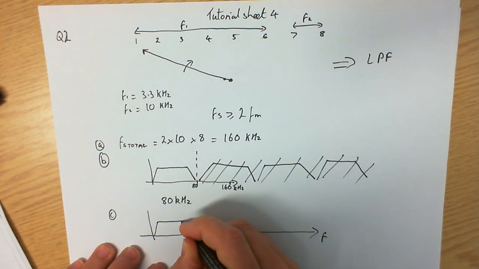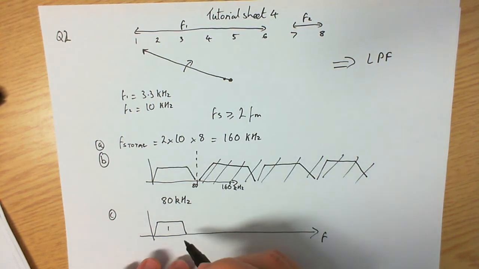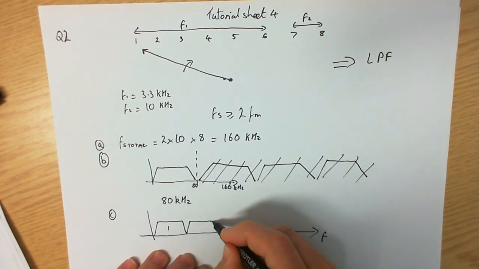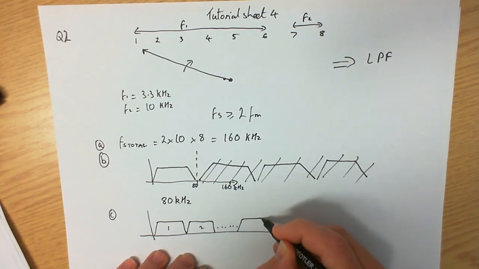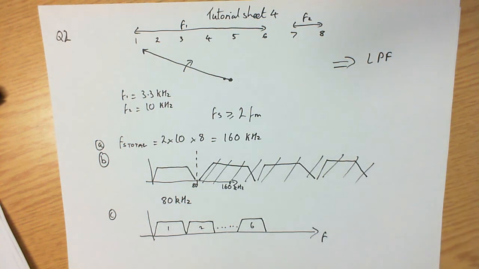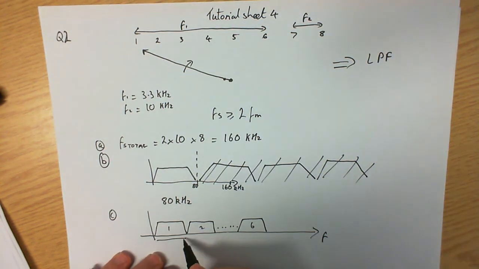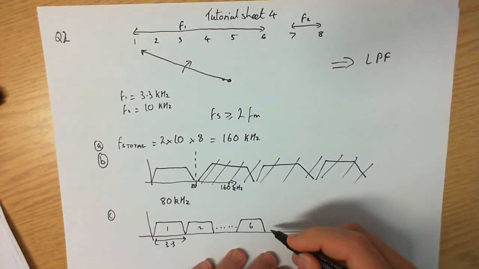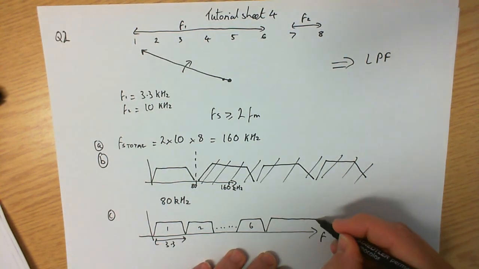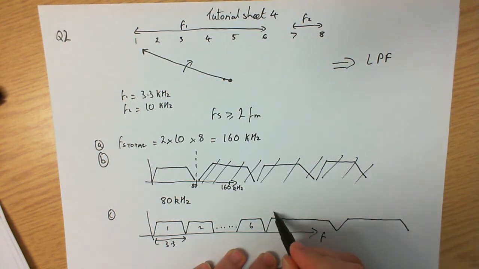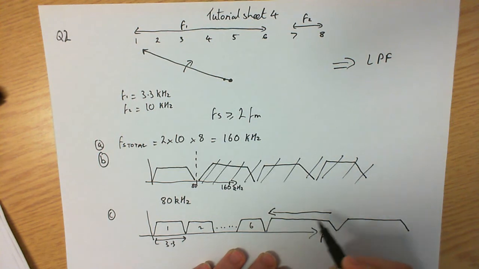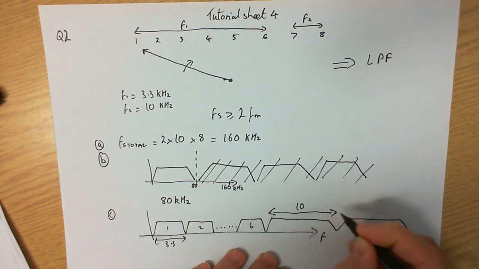So we're going to have signal 1, 2, etc., up to signal 6, and each of those is going to be 3.3 kilohertz apart. And then you've got the very wide 10 kilohertz signals from the last 2.